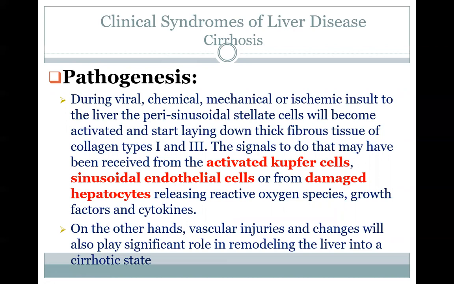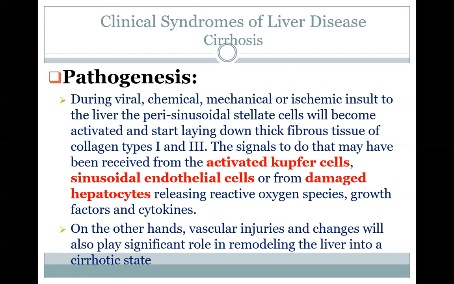If it is mechanical, if it is ischemic, if it is chemical, it's all the same. It's going to result in the same exact result, the cirrhosis result, where the liver has been divided into regenerative nodules as a result of the fibrous septae that are crisscrossing the liver from one end to the other.